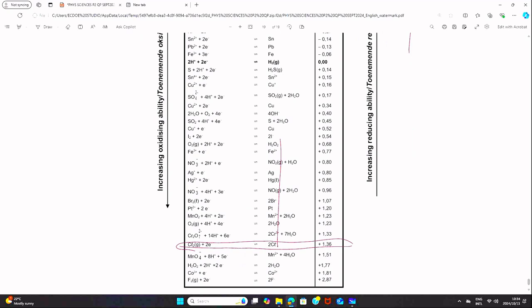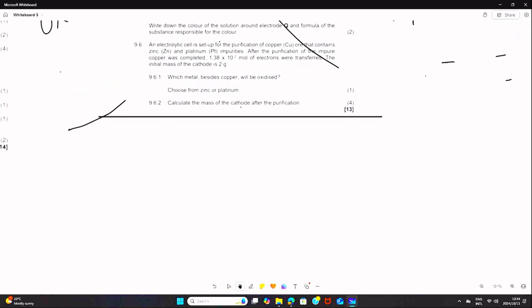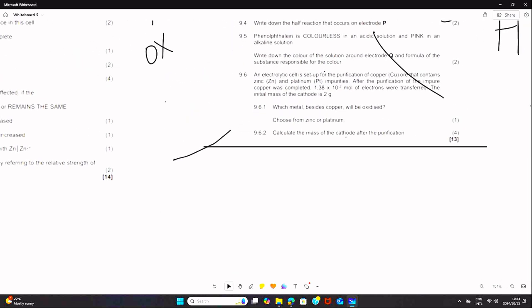You copy it from right to left. Now please take note that when you are copying this reaction, you only write a single arrow. No double arrow, because this is a half reaction. Let me show you how you write it.